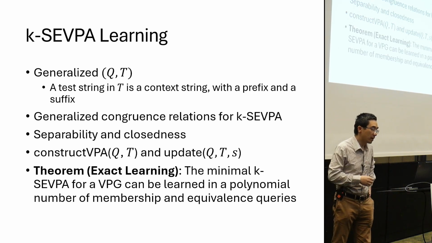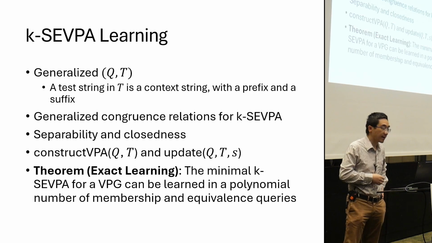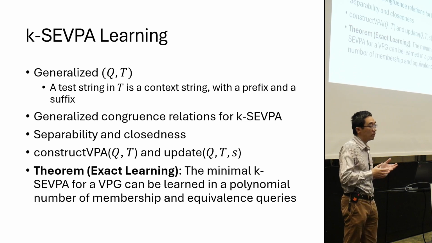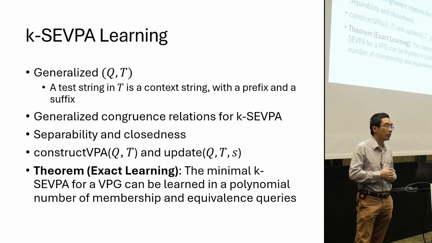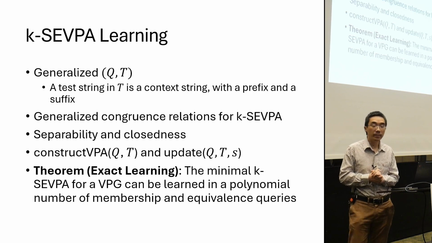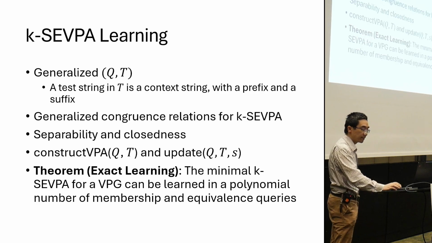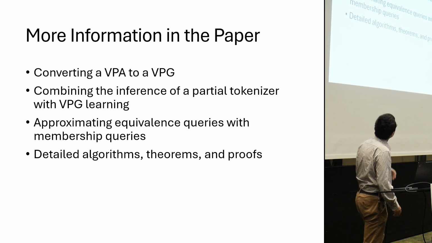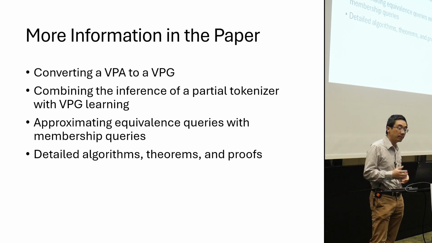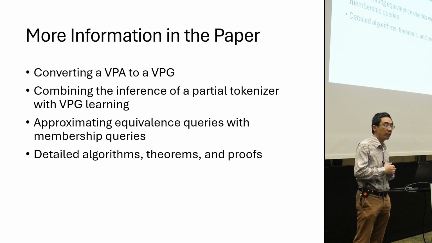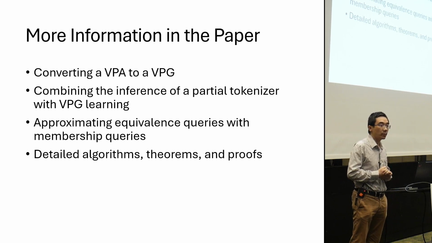On top of the algorithm, we developed this exact learning theorem. Basically, it says the minimal K single entry VPA for a VPG can be learned in a polynomial number of membership and equivalence queries. There's a lot more in the paper, including how to convert a visibly pushdown automaton to a visibly pushdown grammar, and how we combine the inference of a partial tokenizer with VPG learning.